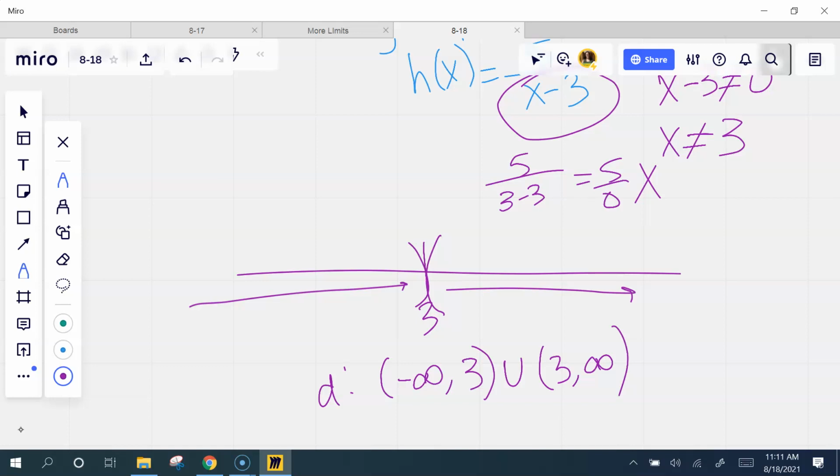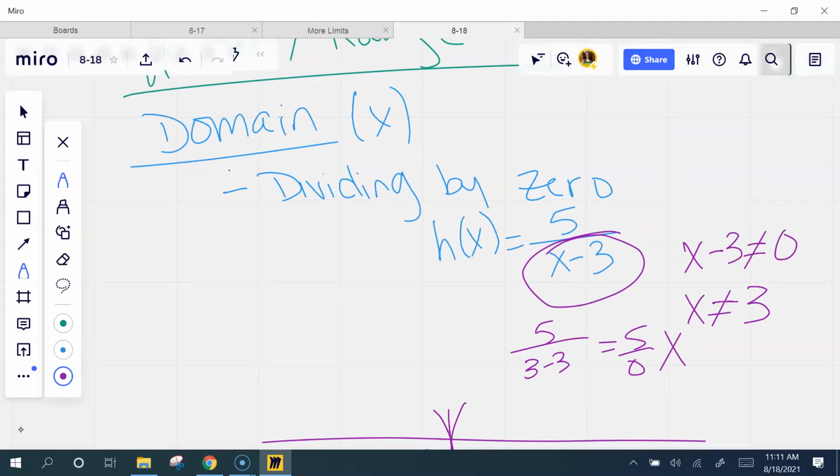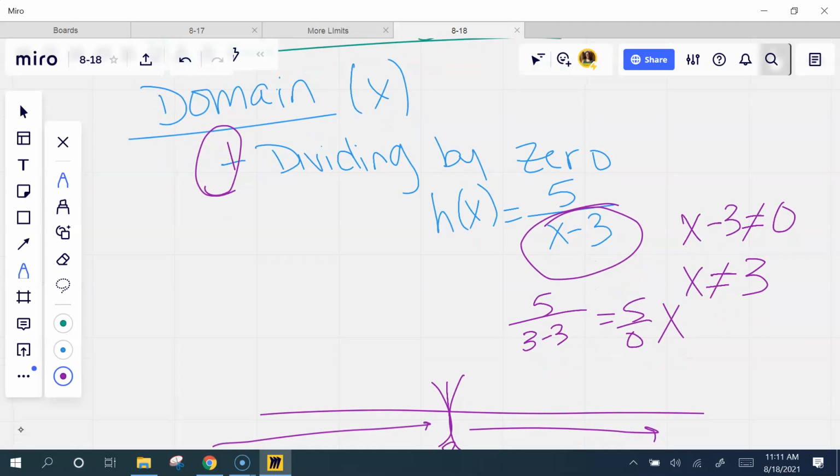There are 2 situations that we're looking for. The first, we're looking for dividing by 0. If you divide by 0, you have to leave out the value that causes a 0.